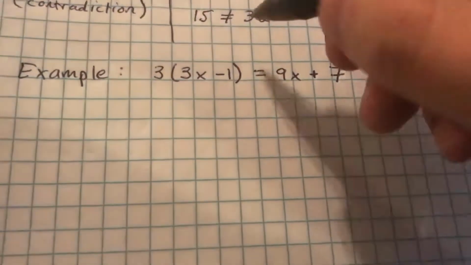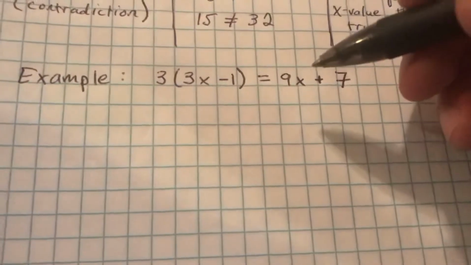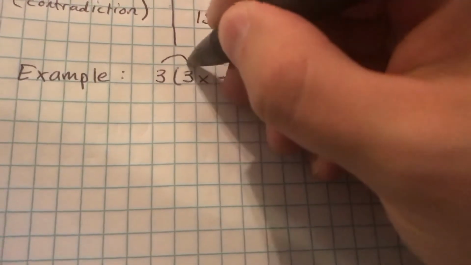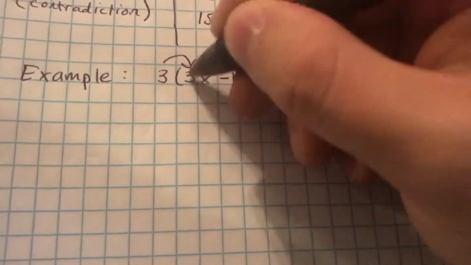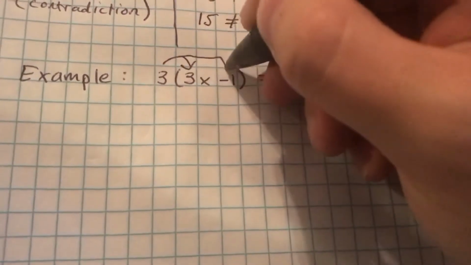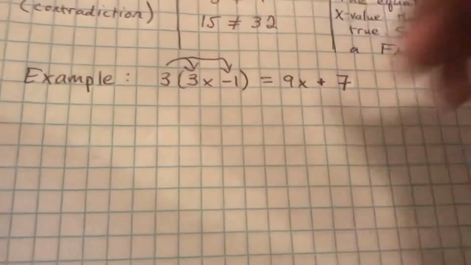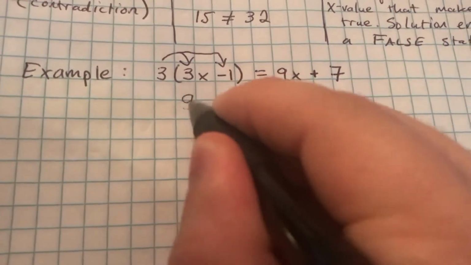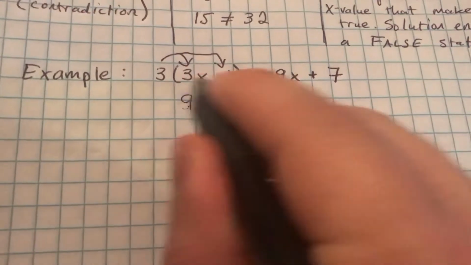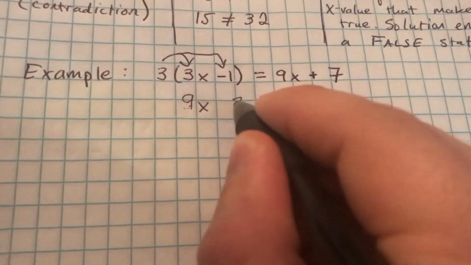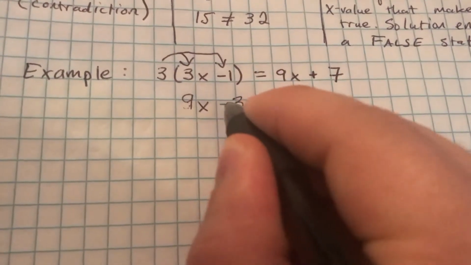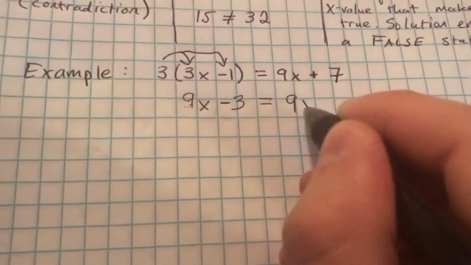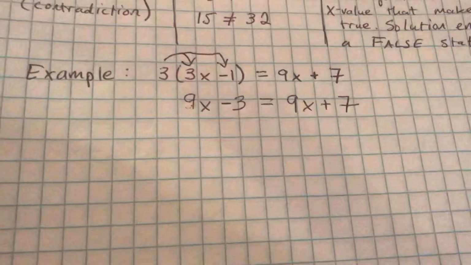You need to go over this with me because this is a foundational skill in algebra. The distributive property though, I'm taking this 3, I'm distributing it into the 3x, and then I'm distributing it into the minus 1. So 3 times 3x is 9 times x, and then 3 times 1 is 3, and this minus sign comes right down, is equal to 9x plus 7.